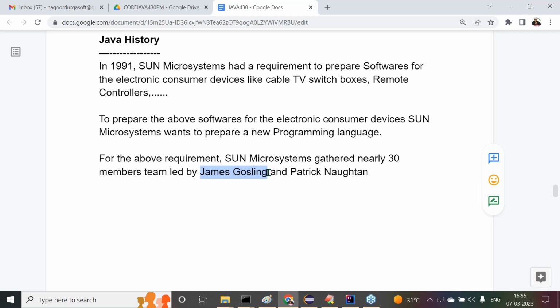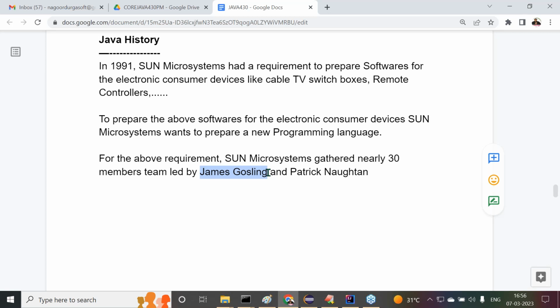James Gosling is the father of Java, we still believe that, but the unfortunate thing is that initially, at the startup of the Java programming language, he was involved, but he continued with Sun Microsystems only up to Java 1.3. After that, he left Sun Microsystems and went to some other organization.